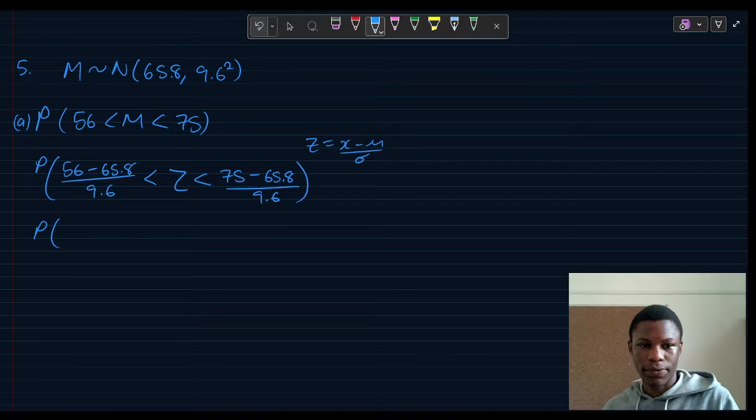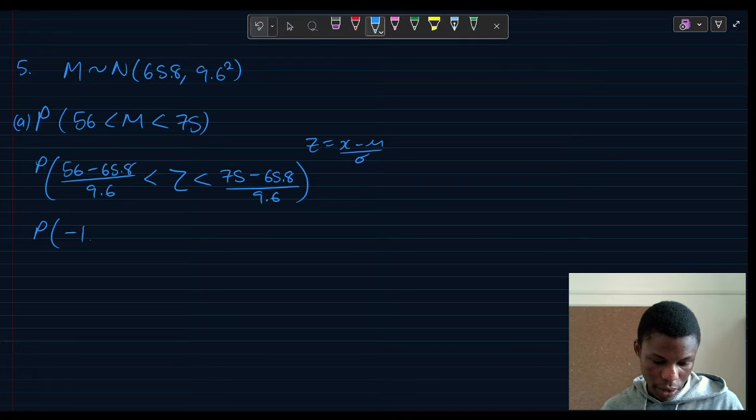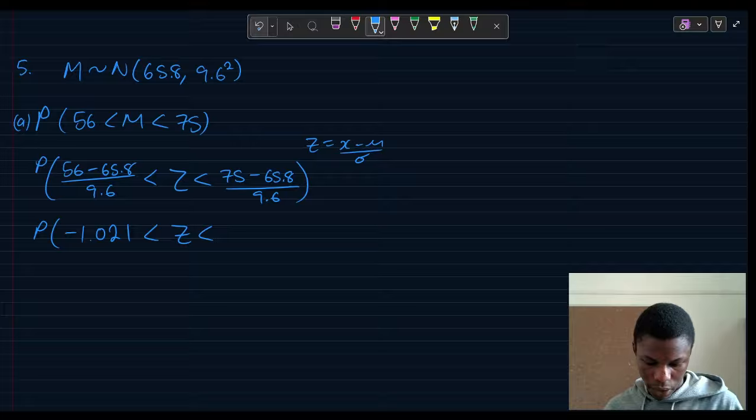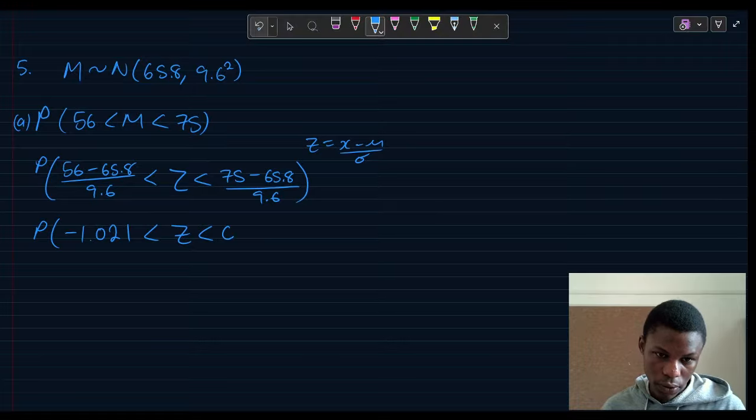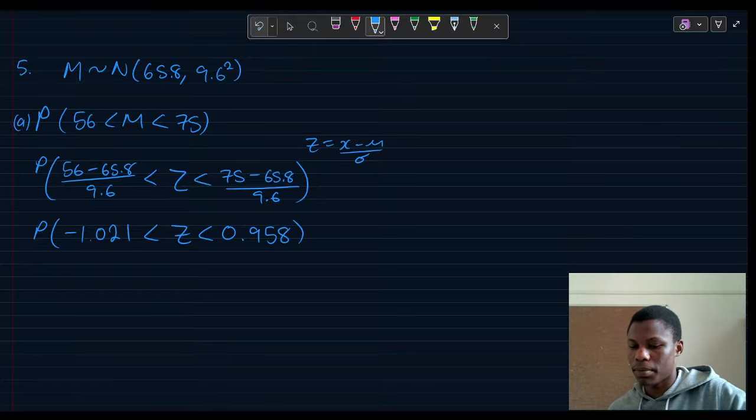Simplifying, 56 minus 65.8 over 9.6 gives us negative 1.021 to 3 decimal places. If we do the same for the 75, we get 0.958.